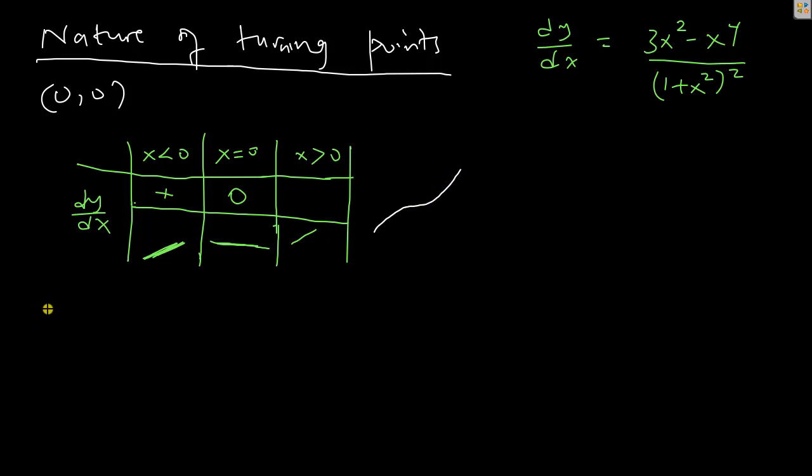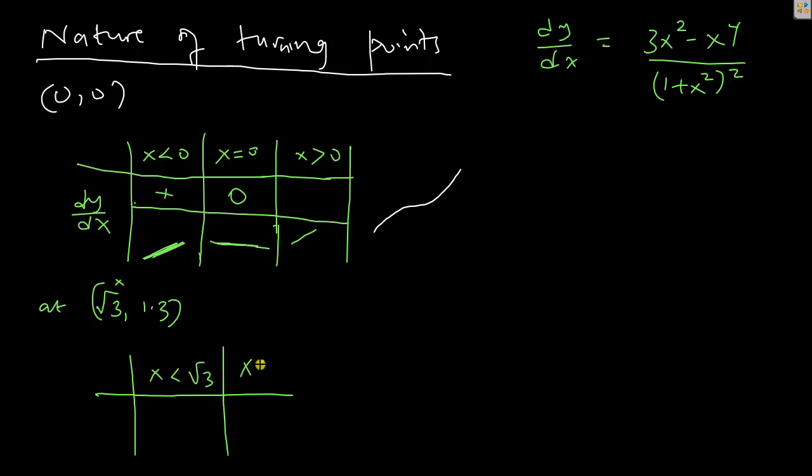Let's investigate another turning point. So let's do root 3 and 1.3. Of course this is the x value, that's what is most important for us here. So I have x less than root 3, x equals root 3, then x greater than root 3. I want to investigate what happens on either side of this point. Of course, at x equals root 3, that's a stationary point.